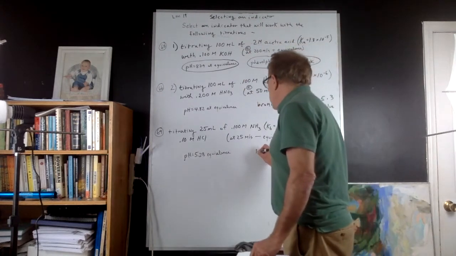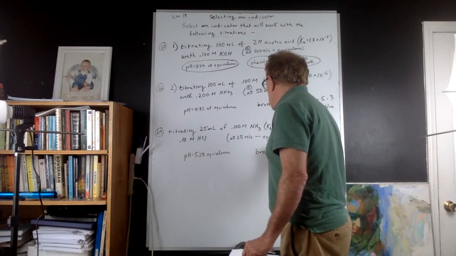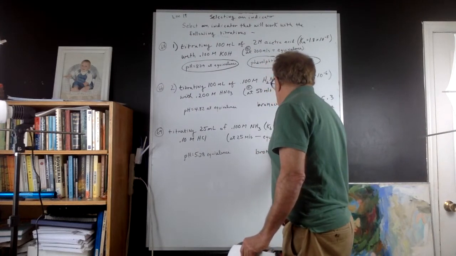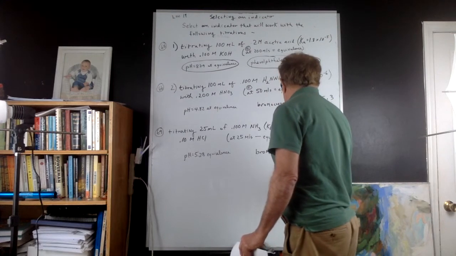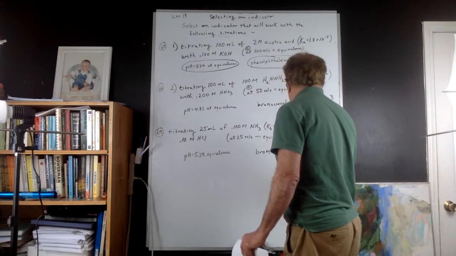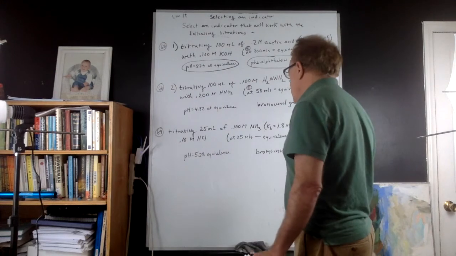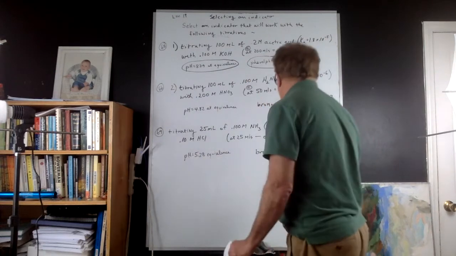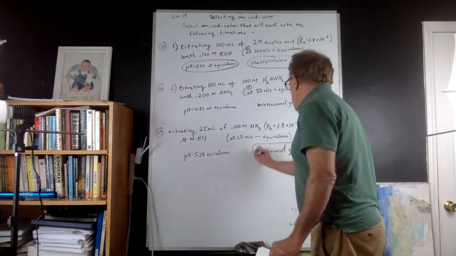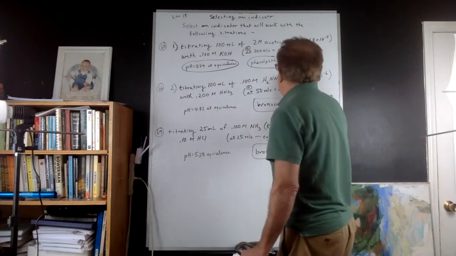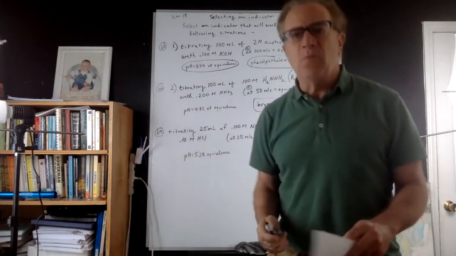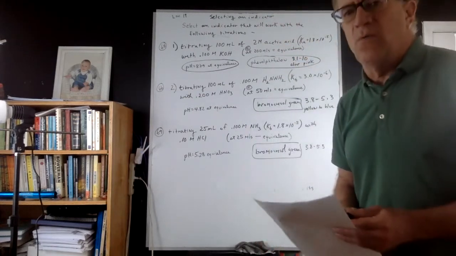Once again, you're going to pick bromocresol green, because it changes color over a pH range of 3.8 to 5.3, and this is within that range. So these are the indicators you pick for these, and they would work well at telling you when equivalence occurs.